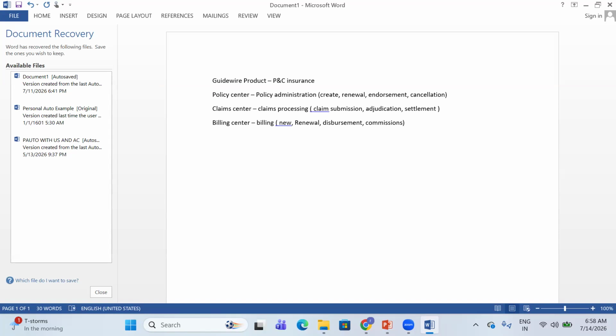This is all about commissions. Commission structure also varies from company to company. Some companies say that whenever the customer has paid the premium, they will immediately pay the commission.